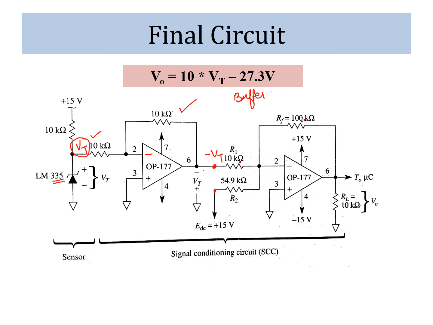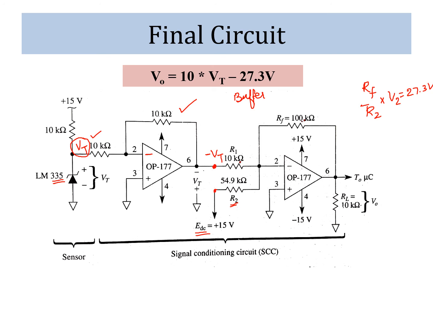And this particular VDC we are talking about now: in the last slide we discussed that we can calculate the value of R2 by using the equation Rf divided by R2 into V2, such that this value should be 27.3 volts. So this value is 54.9 kilo ohm. If we use this, it will be almost around 1.8, and when we multiply it by this 15, it gives us exactly 27.3 volts.